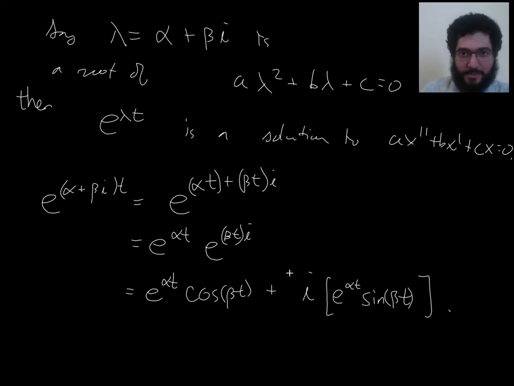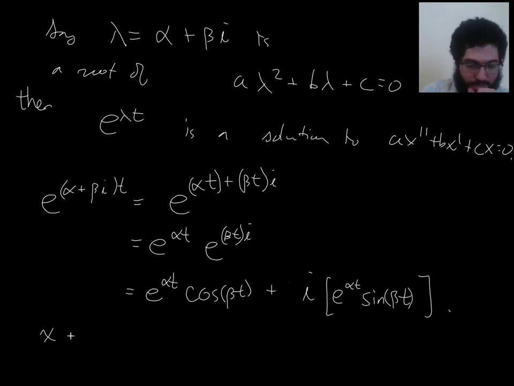In the previous video, I was calling this thing z, and then here's our x and here's our y, all functions of t. What we saw in the previous video is that if this is a solution, which we are assuming, then these individual portions are solutions, and these are real valued solutions, no longer complex valued.